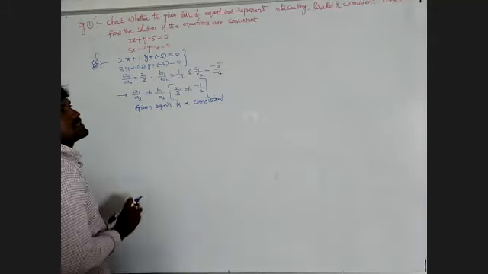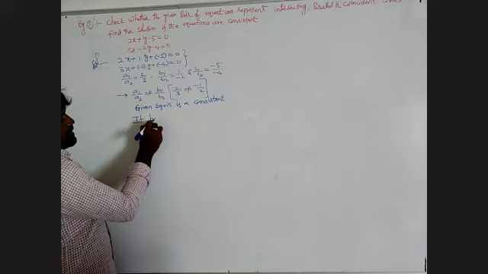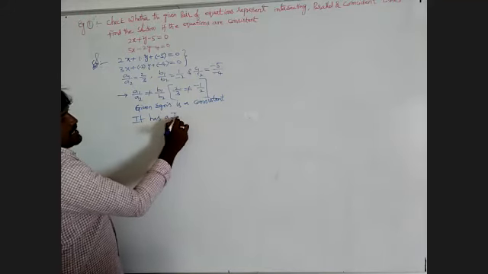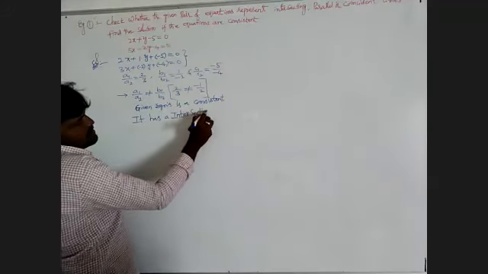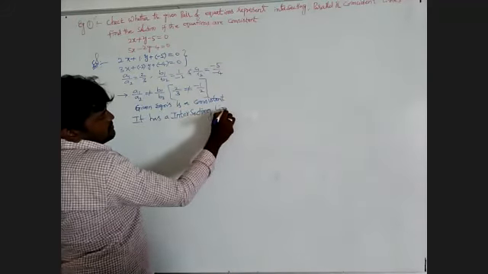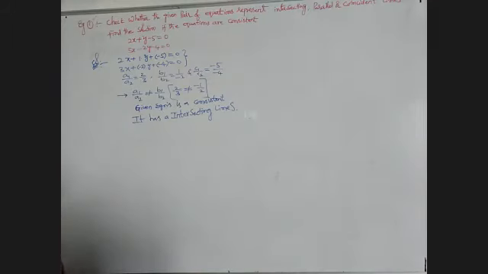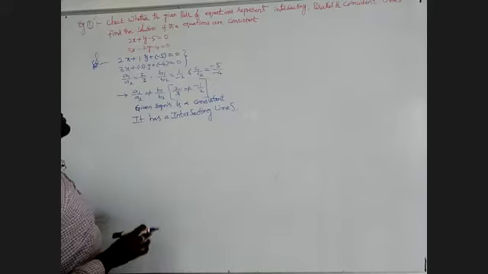Consistent means it has intersecting lines. Don't draw the graph. We have to find their solutions only.